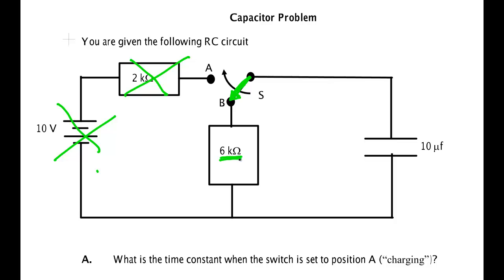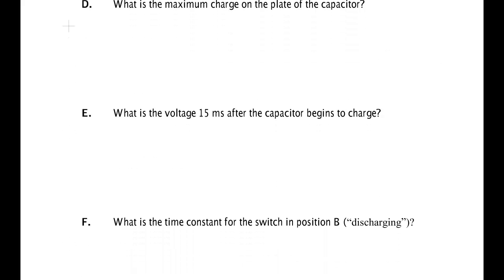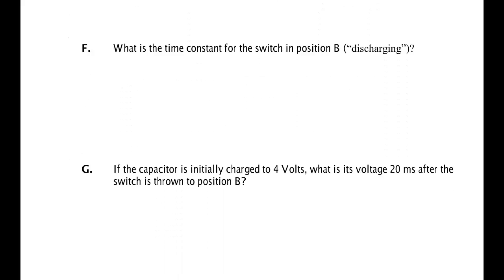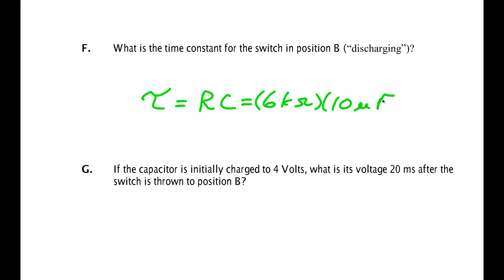What's in the circuit is the 6K ohm resistor and the 10 microfarad capacitor. So to calculate the RC, we need this capacitance and this resistor. So tau is RC, 6K ohms times 10 microfarads. So tau is 60 milliseconds. That's a much longer time constant in the discharging because it has a much larger resistance.